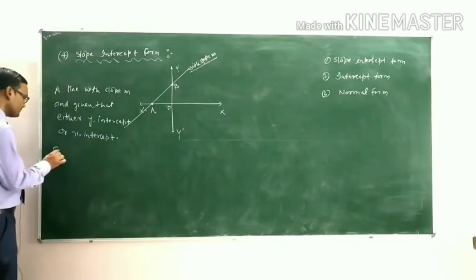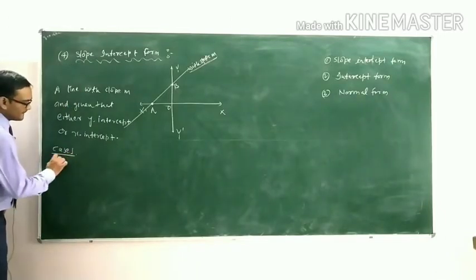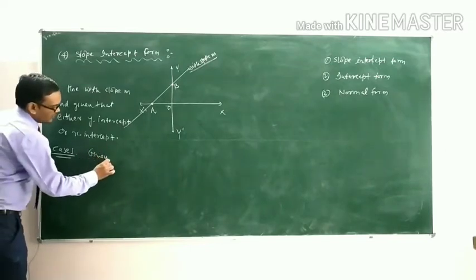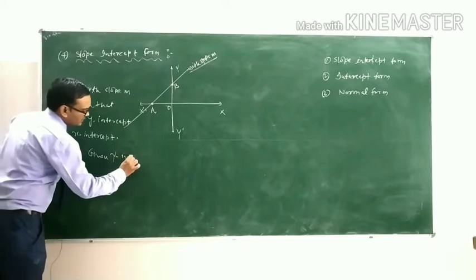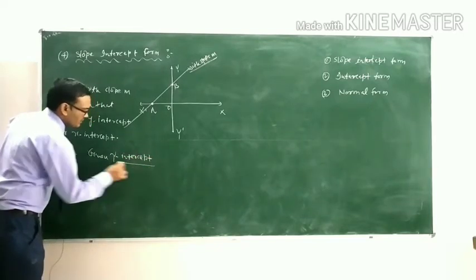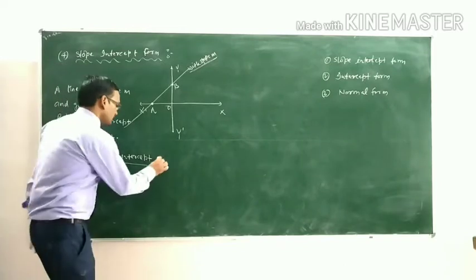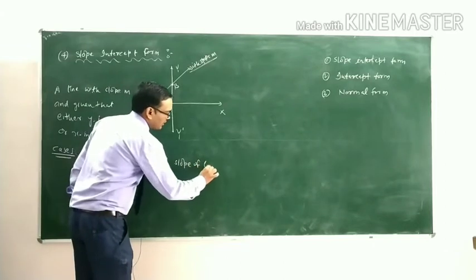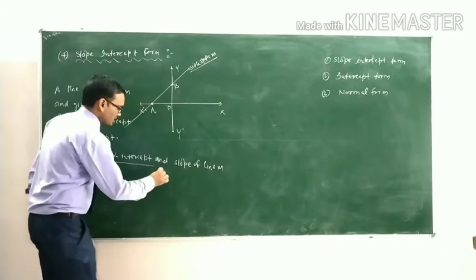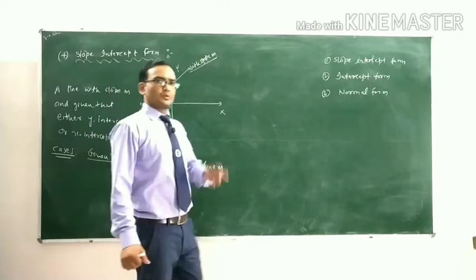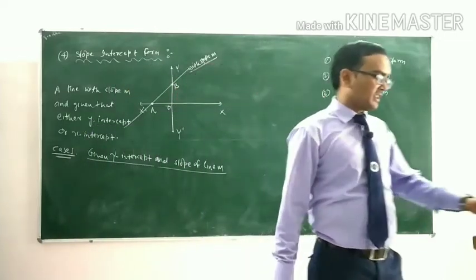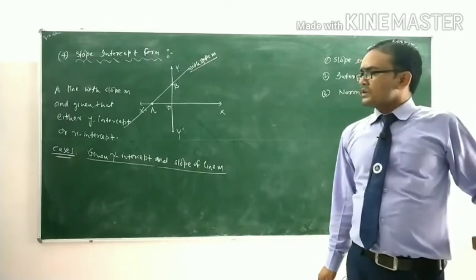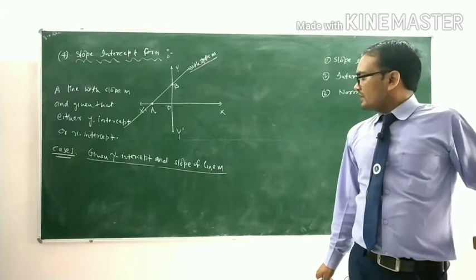Case first: given the y-intercept and slope of the line m. Here, students, there are two cases. First is given the y-intercept and slope of the line.